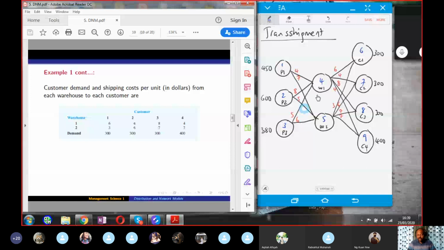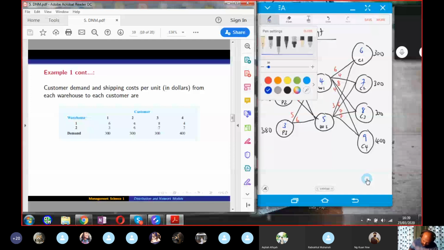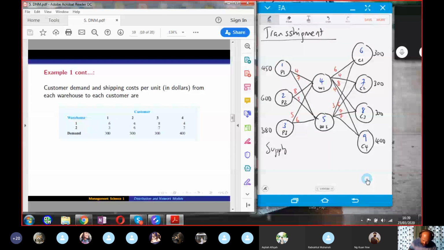For us to give notation for each quantity from plant 1 to W1. The notation for quantity will use this label here. The final one you write here: supply, warehouse, demand. So if the question asks you what is the network representation for this transshipment problem, this is it. Remember, the only difference between transportation and transshipment is the middleman, the warehouse.